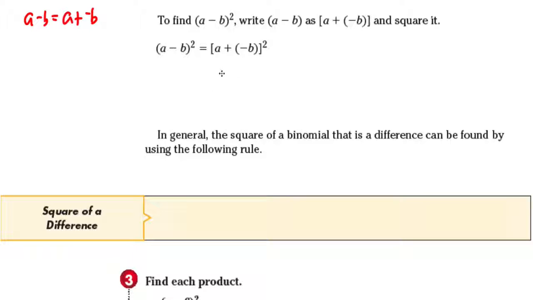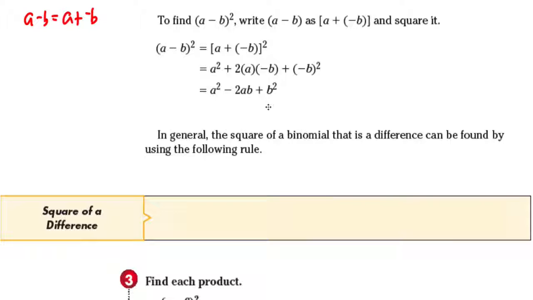And then we square it using the square of a sum rule. And this becomes now a squared plus 2 times a times negative b plus negative b squared, or the same as a squared minus 2ab plus b squared.